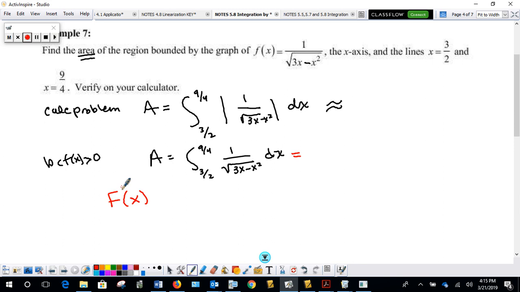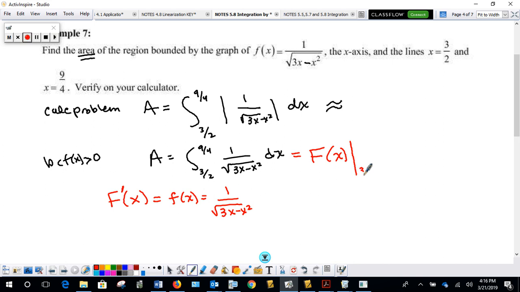And so if I were to take the derivative of capital F of x, I would get this lowercase f of x, which is 1 over square root of 3x minus x squared. And really the idea of this area is, remember that it calculates net change. So the first thing that we're going to do is find the antiderivative of this.